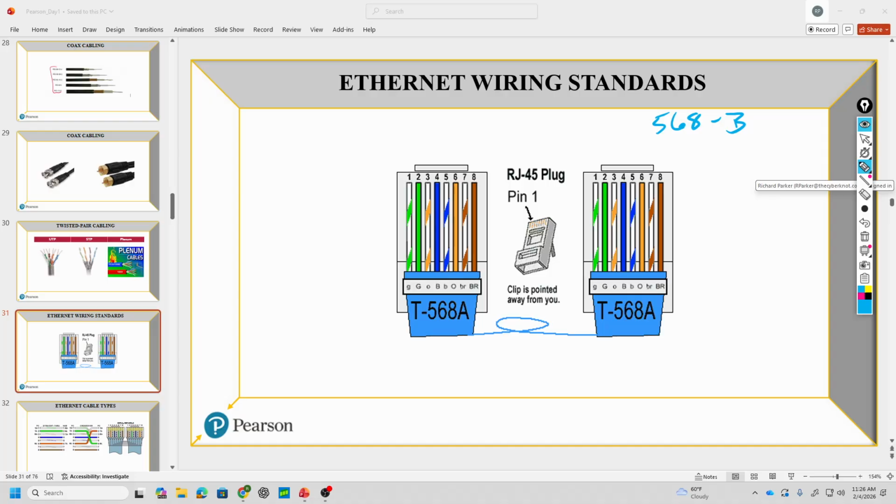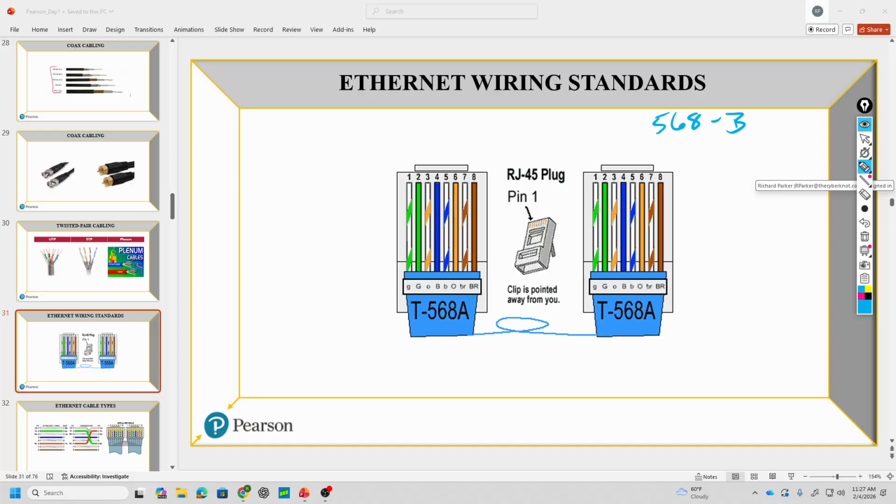Doesn't really matter because our switches today are even smarter, and even if the network itself was wired with an A standard, and you use a B patch cable to plug that desktop into the wall jack, the switch will recognize it, flip the signal before it sends it. Okay, so we don't really worry about that today.